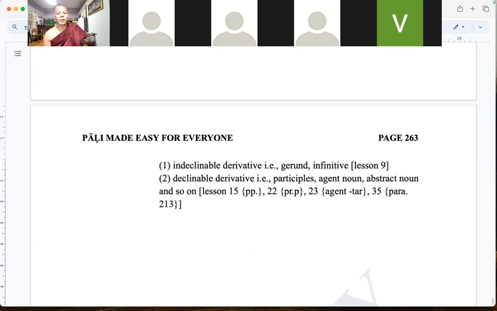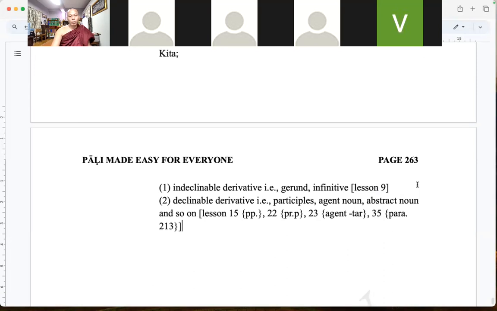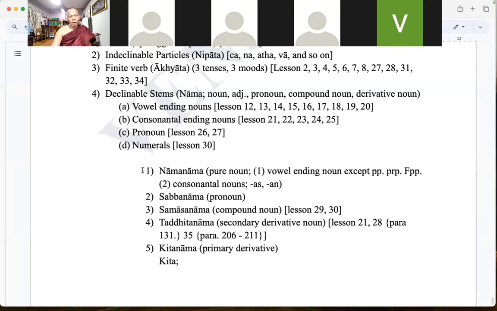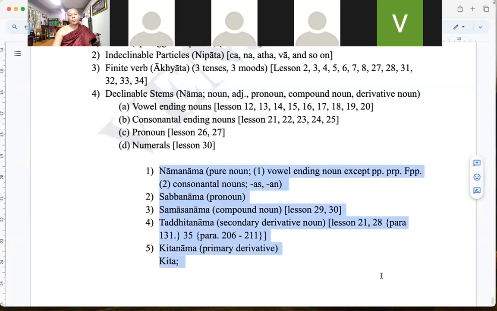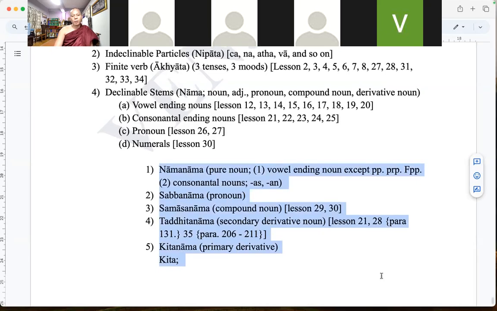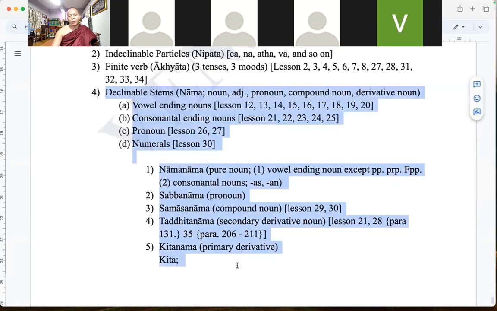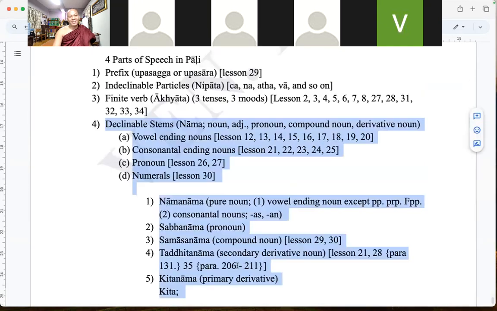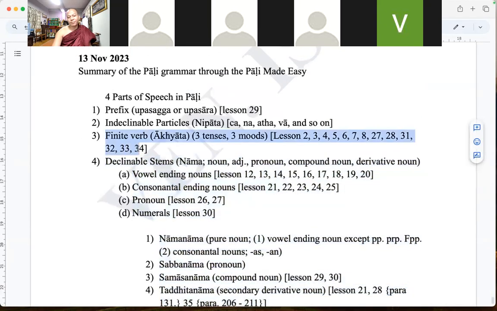So in this way we can summarize. So now in this way also, we should know that is why the Asian scholars say that if we understand the noun system in Pali, maybe 75% of Pali grammar you have learned already. So the others are only verbs.